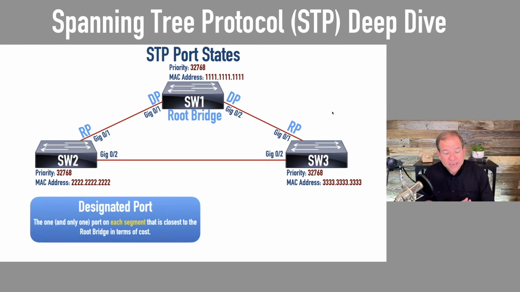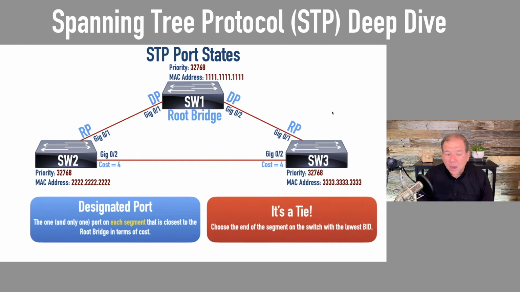And we're going to ask, who's closest to the root? Let's put ourselves on the SW2 side of that. What is its distance from the root? Well, if I left from SW2, we said that's a cost of 4. Okay, what's my cost on the SW3 side? Well, going directly up to switch 1, that's also a cost of 4. We got a tie. What do we do in the case of a tie like this?